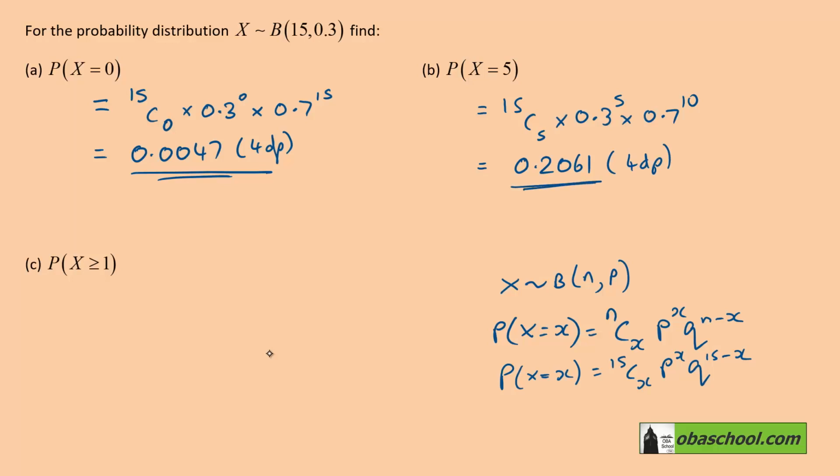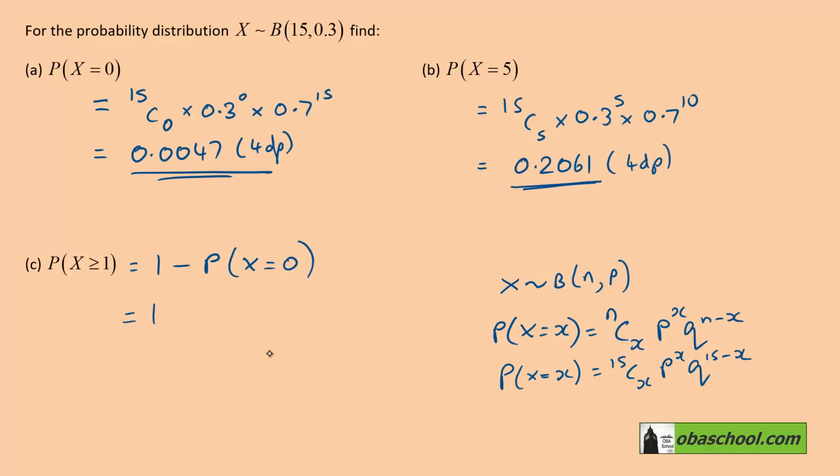Now for X greater than or equal to 1, we could certainly work out the probability X is 1, 2, 3, 4, 5. We have to do them all separately, all the way up to 15. And the best way to do this is to do 1 take away the probability that X is 0.